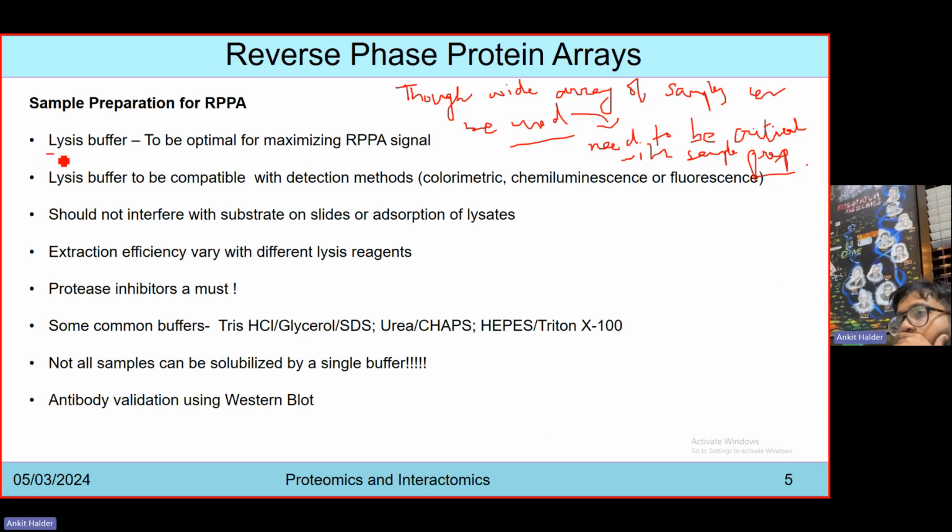So the major first component is the lysis buffer. So why is lysis buffer very crucial?